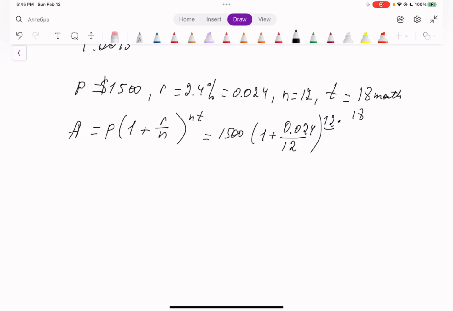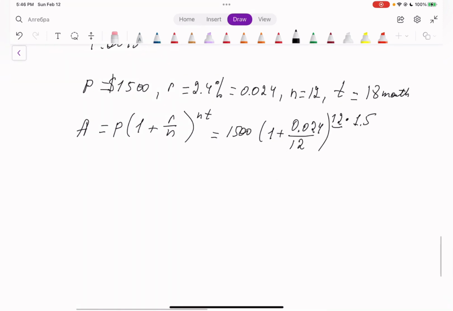How much is 18 months? 1.5 years, yes? Okay, so either I can put 18 over 12 here or 18 months is 1.5 years. I can put it that way. Let me put 1.5 years like that. Okay, let me solve real quick.